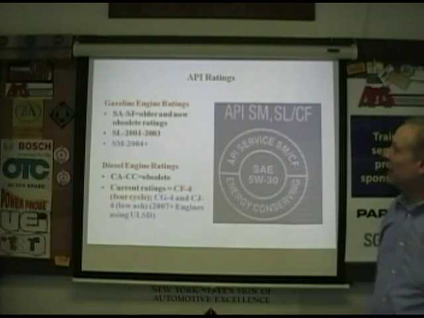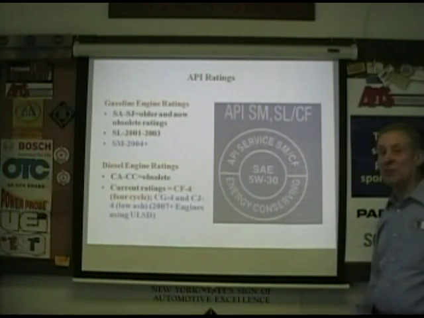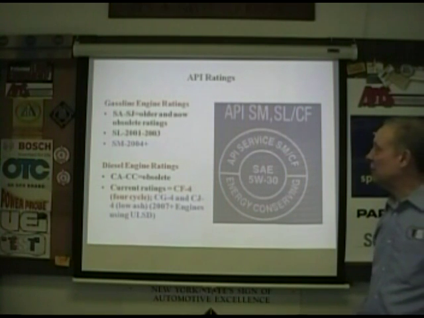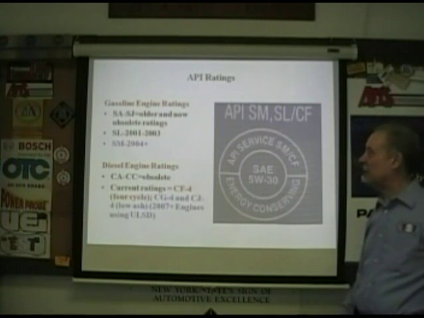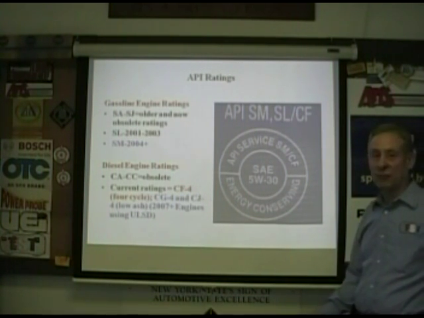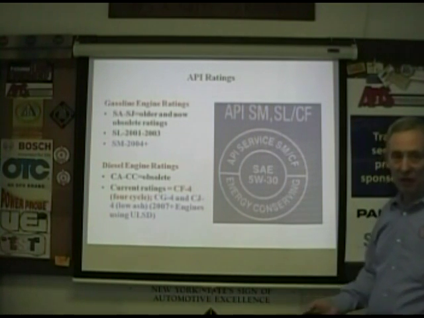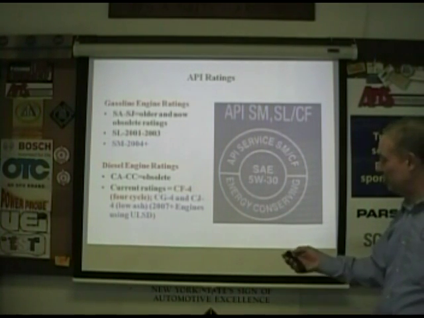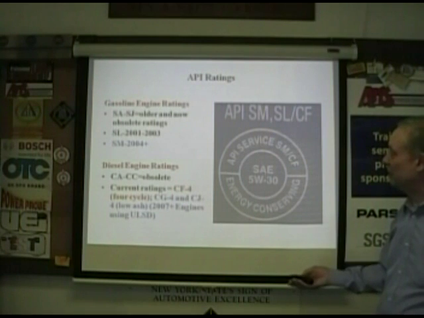So, SA to SJ are the older and now obsolete ratings. SL 2001 to 2003, SM 2004, and we now have SN. I guess it's not fully implemented at this point, but it's coming. It's going to be out in every brand pretty soon.